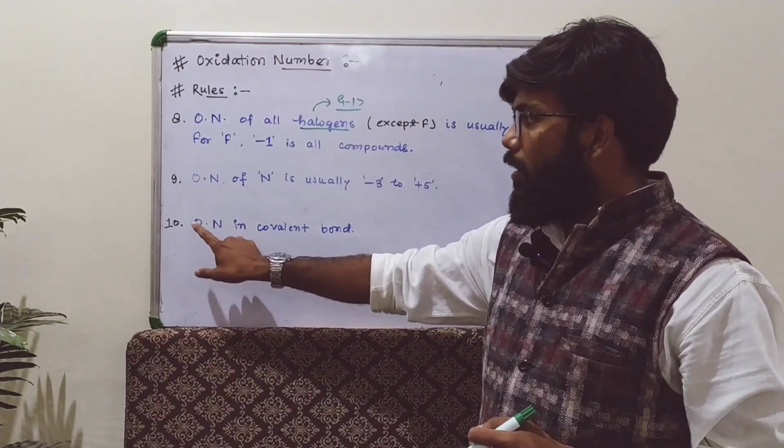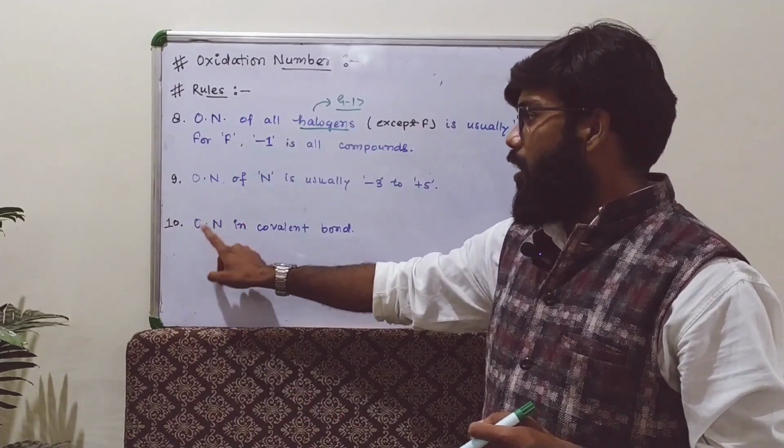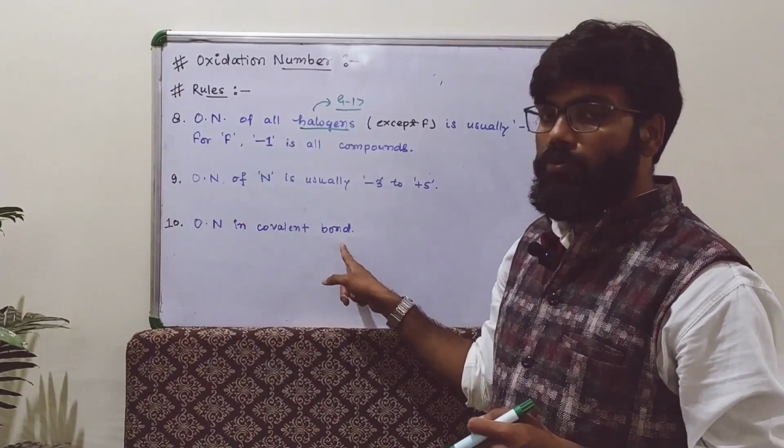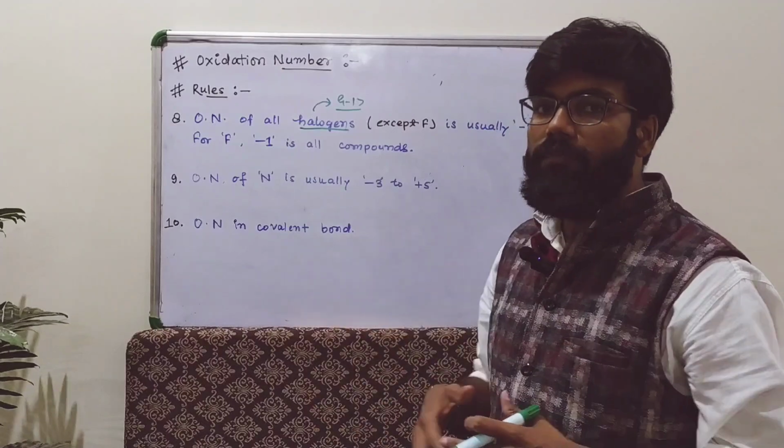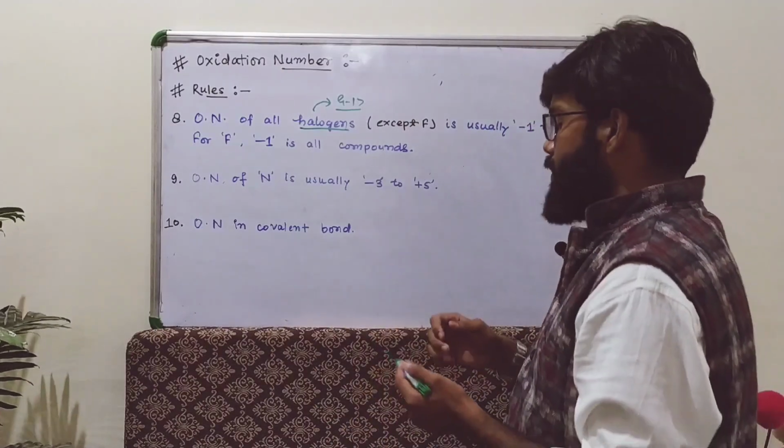Here the last rule is saying oxidation number in a covalent compound, in a covalent bond. How will we find the oxidation number from a covalent bond? Let us take an example.